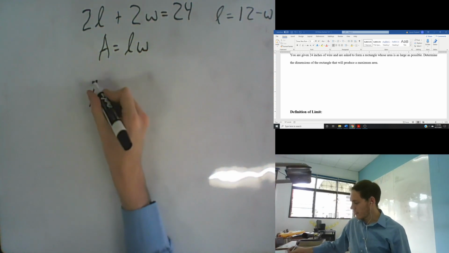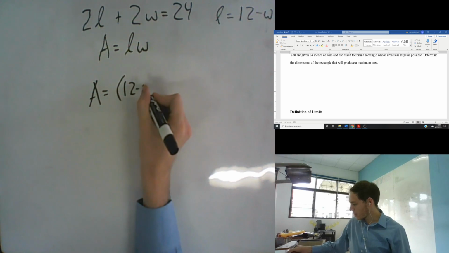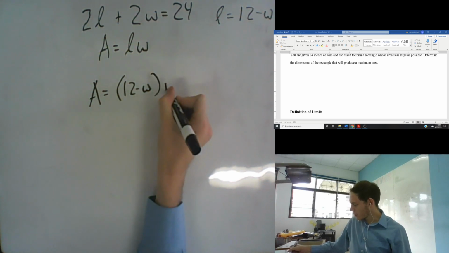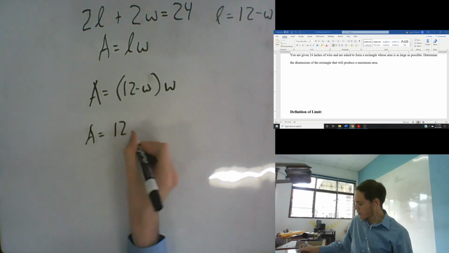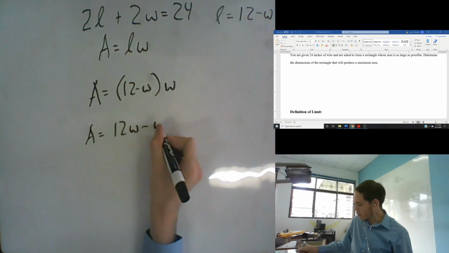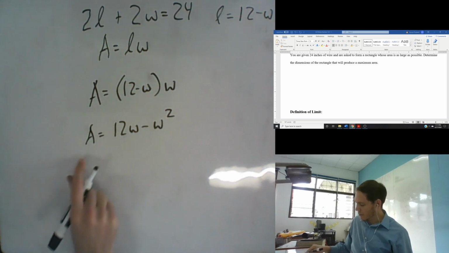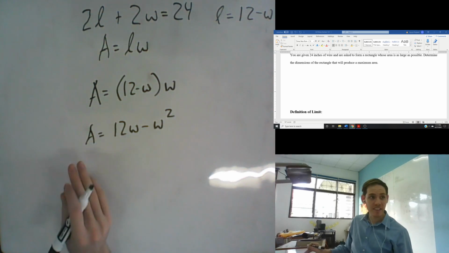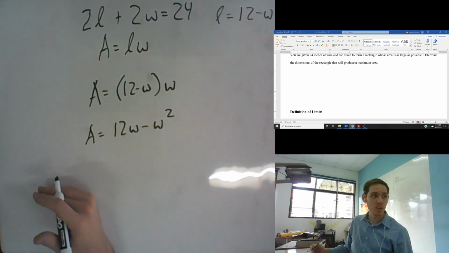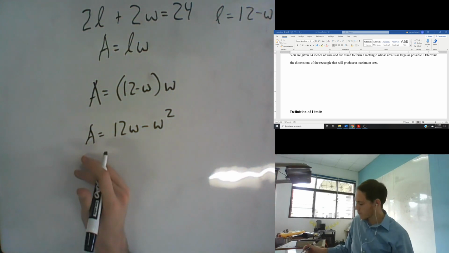So plugging it in, we get 12 minus W times W, so we get 12W minus W squared. Now normally, you would set this up, find out what A is, plug it in. But since we don't have an A, we actually have to use limits.